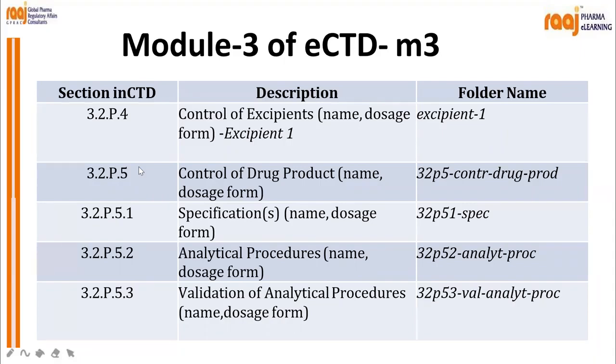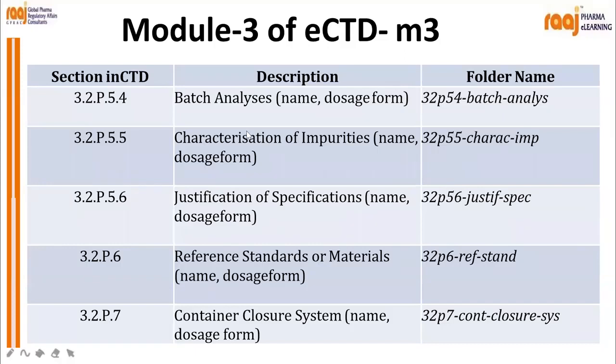So when we talk about S4 or P5, you can see the relevant documents regarding the drug substance or the drug product, like specification, analytical test procedure, validation of analytical method, batch analysis. These are the important information which we have to cover in those specific modules. Then P5.4 talks about batch analysis, and there 4.5 talks about the batch analysis.